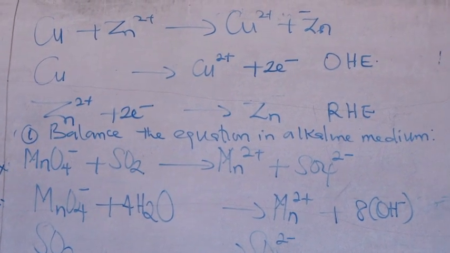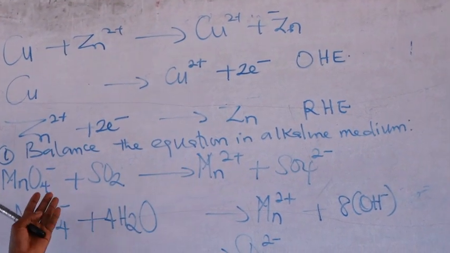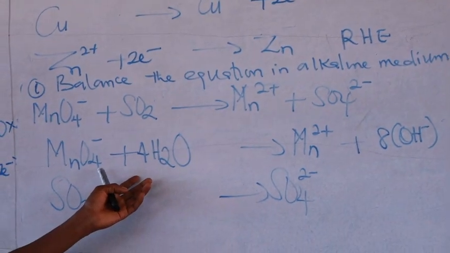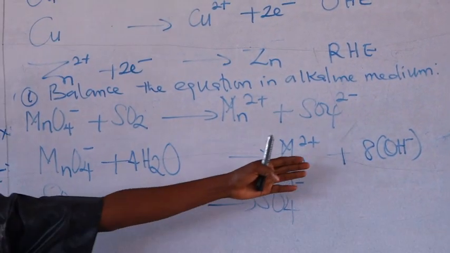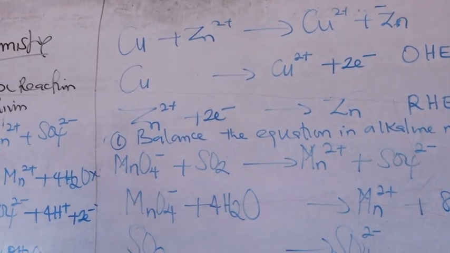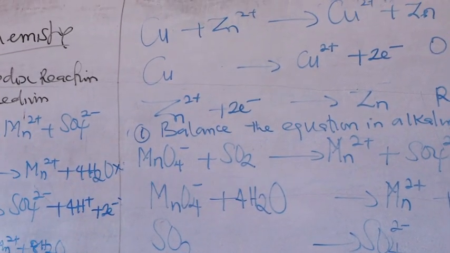The number of hydroxyl ions will be 2 times the number of water molecules added. We added 4 water molecules, so we added what? 8 hydroxyl ions.